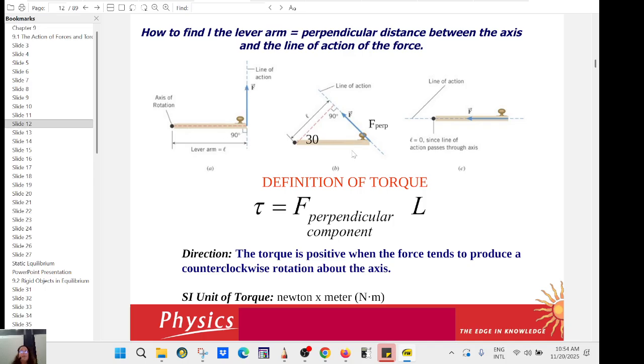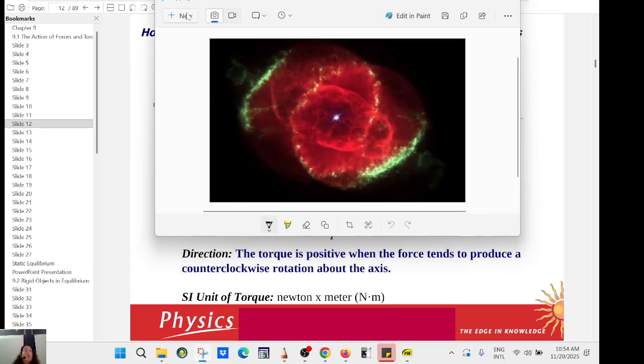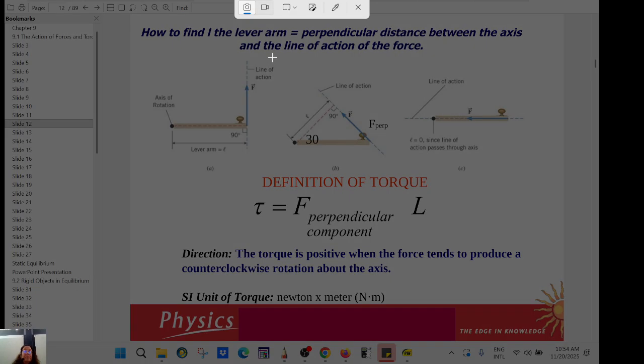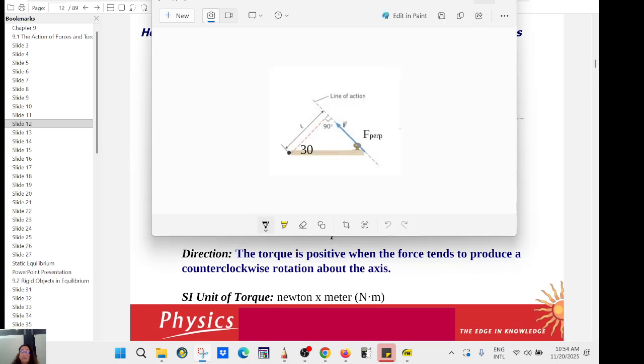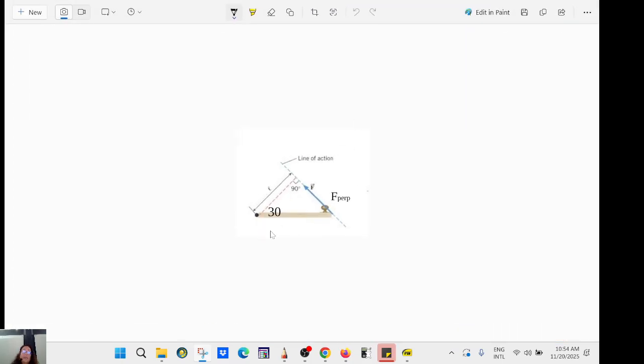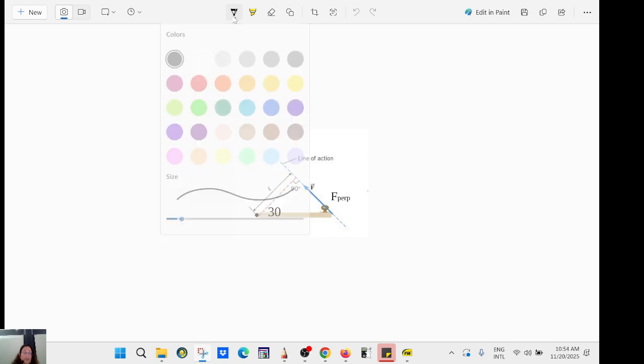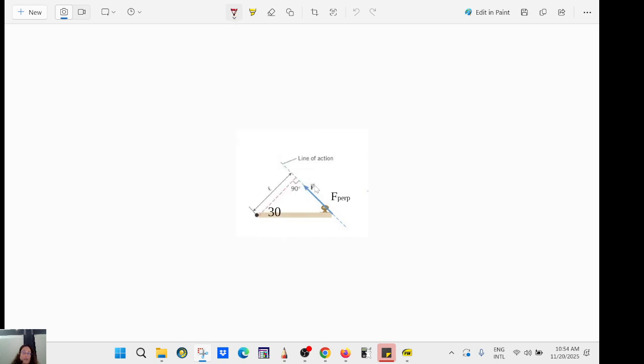And in this case, you have to find the perpendicular component. So you have 3 ways to find torques. In that case, I can say, okay, force is a vector. It comes into components. Each component has a different job, right?